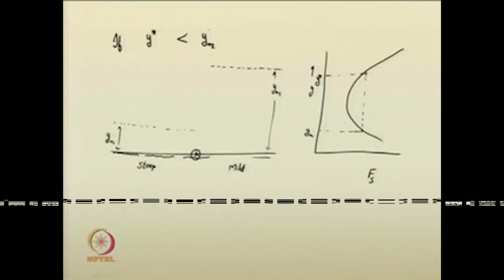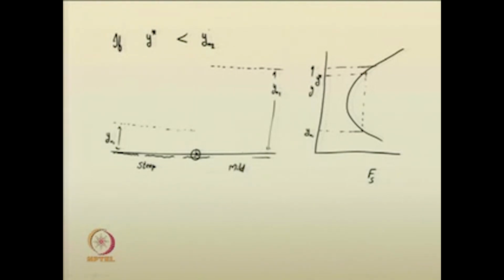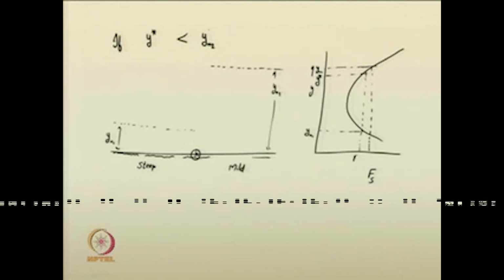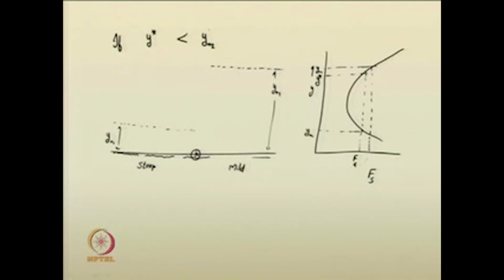If yn2 is greater than y star, you will see that this yn2 portion in the specific force curve is having more specific force compared to the upstream section. In the upstream section you had a specific force FA; here in the downstream section, for the corresponding normal depth, the specific force is FB.